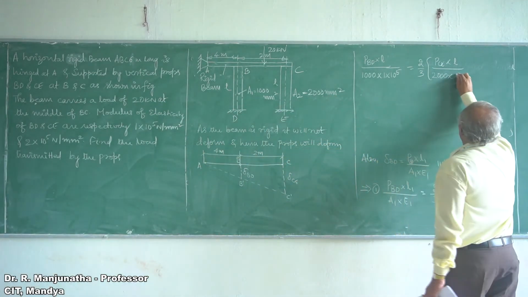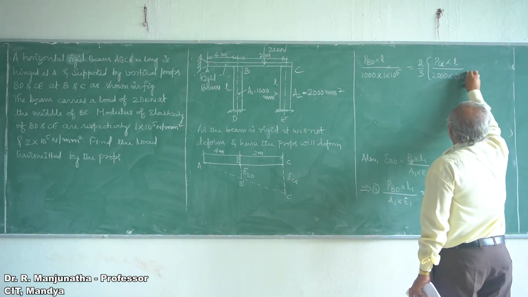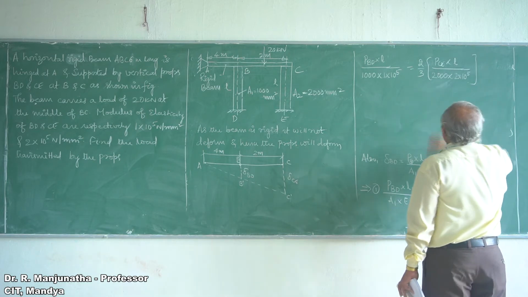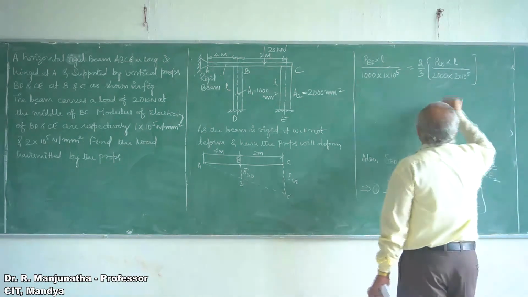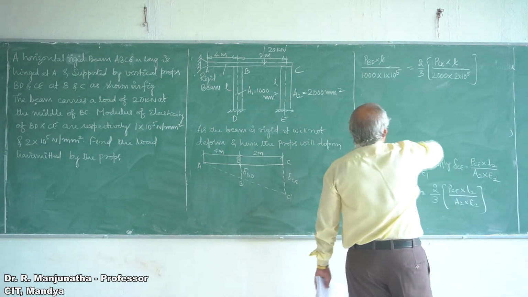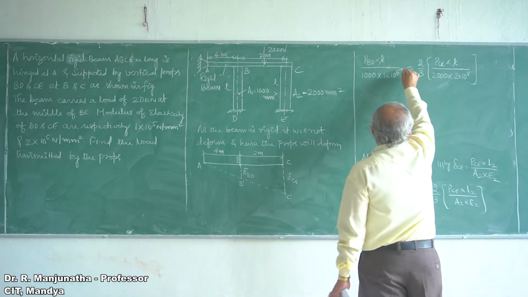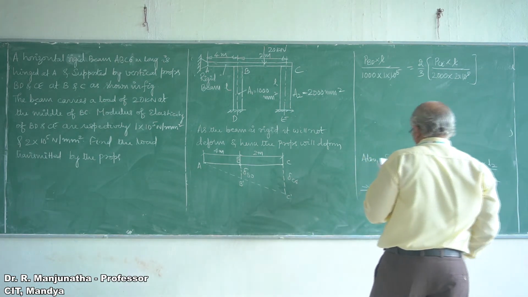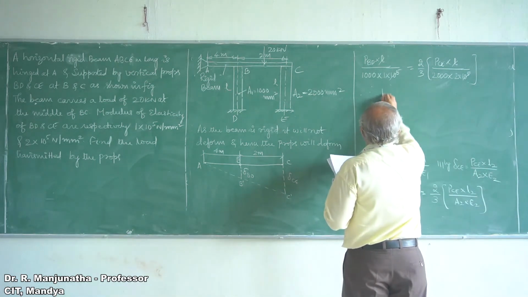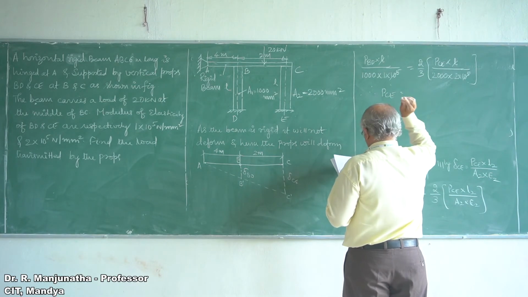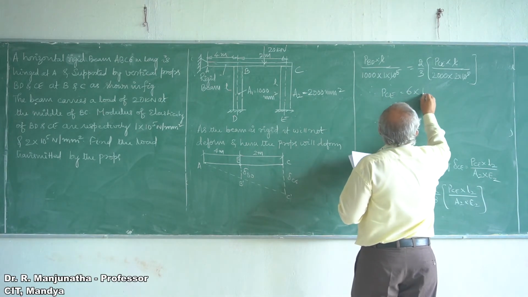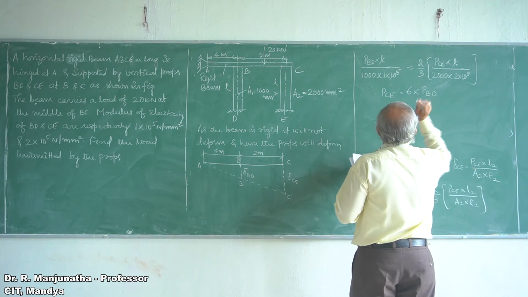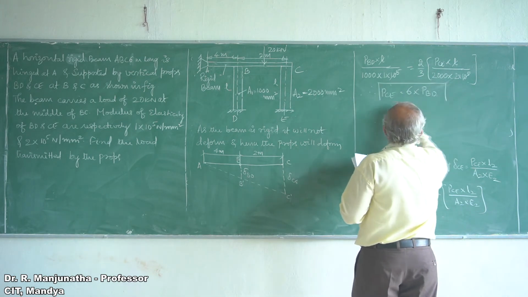On simplification, this cancels, and the 10 to the power of 5 also cancels. Therefore PCE will be equal to 1.6 PBD. This is the second equation.